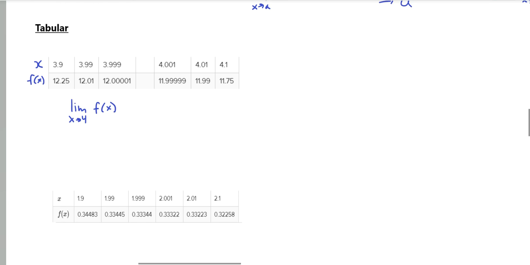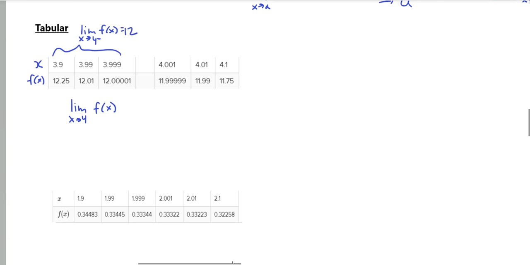As we're approaching 4 from the left, meaning we're getting closer and closer to 4 from the left-hand side, so it's 3.9, 3.99, all this data here, you can see that we're going from 12.25, 12.01, 12.000001. So this seems to be pointing towards 12. So the limit as x approaches 4 from the left of f of x seems to be 12.